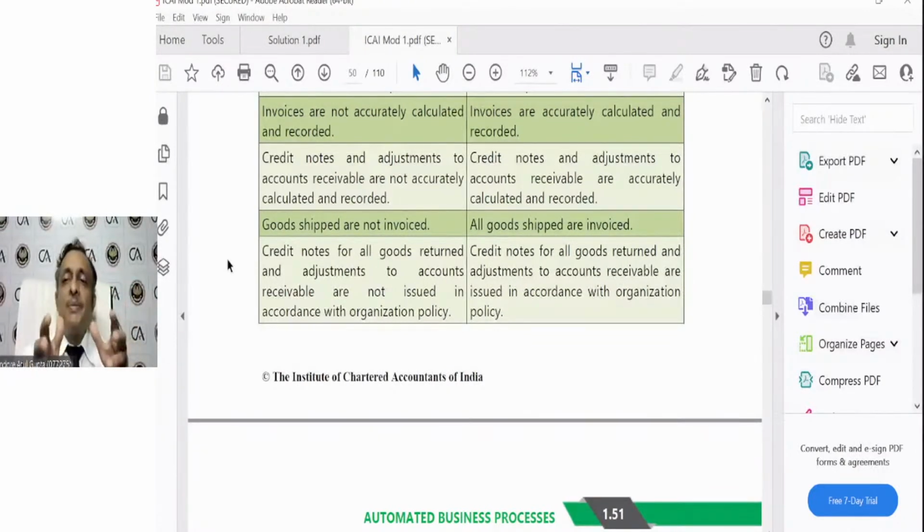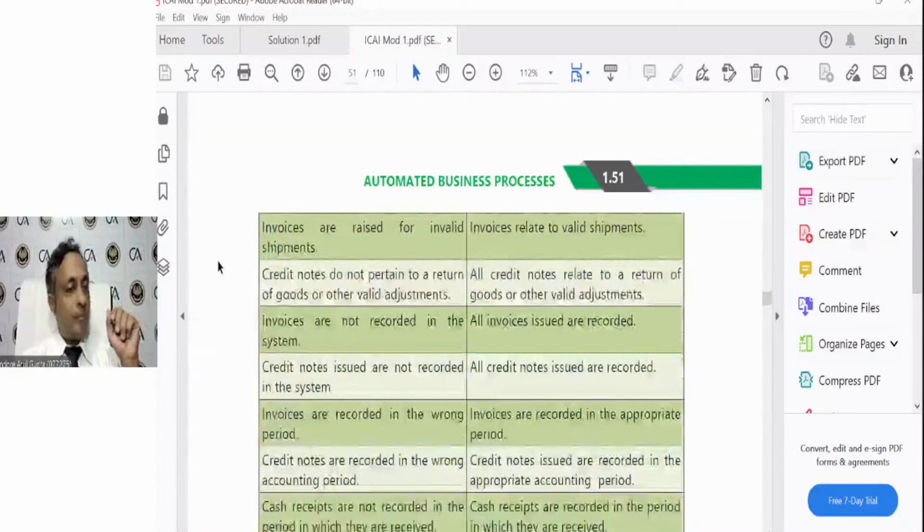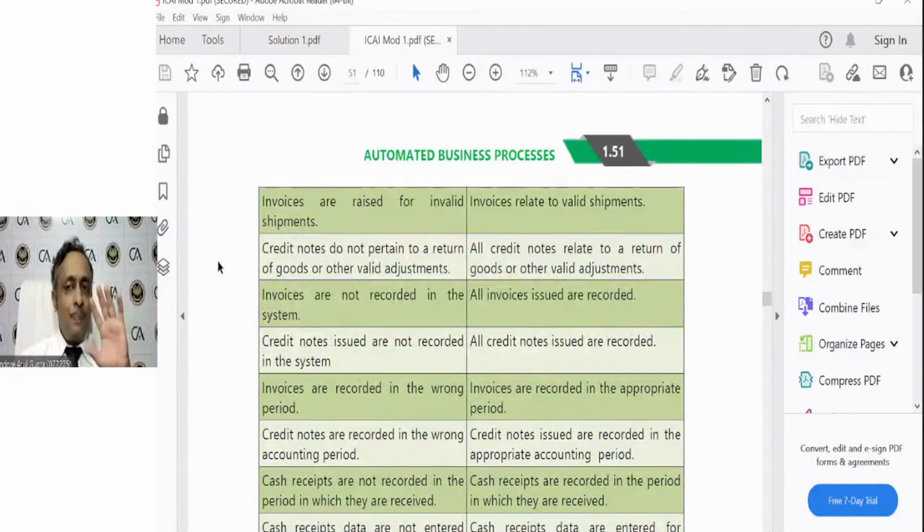So everything has to be multiplied by that statutory parameter now, whether it is as per that policy or not. Then invoices raised for invalid shipment, a fraud. Credit notes, fraud and clerical. So you have to recheck. Credit notes do not pertain to a return of goods or other valid adjustment. Again, indicative of some error, some fraud.